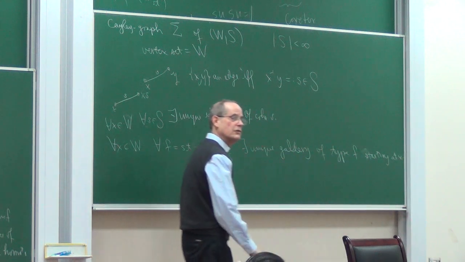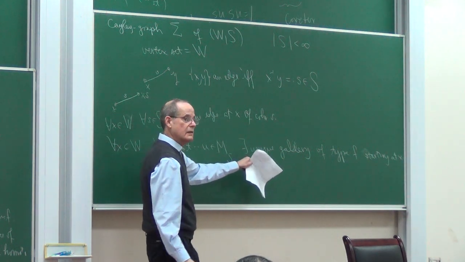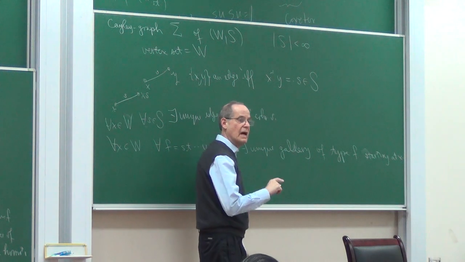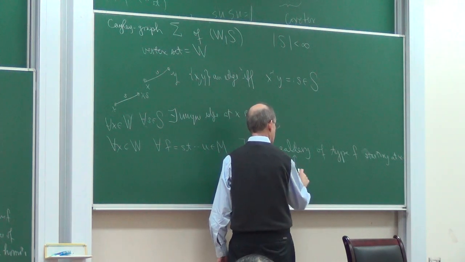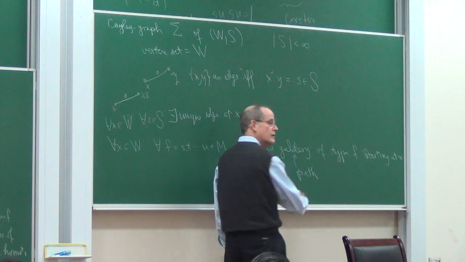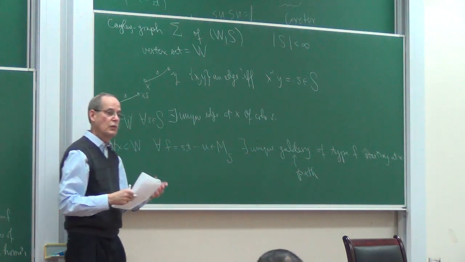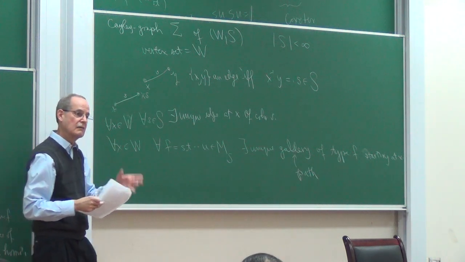So let me define the words that I'm using. A gallery, I simply mean a path. So this is another word for a path in this graph, but in this context, the usual word introduced by Tits is gallery.